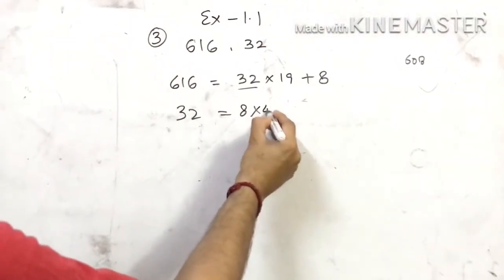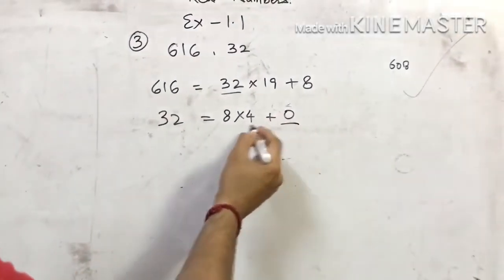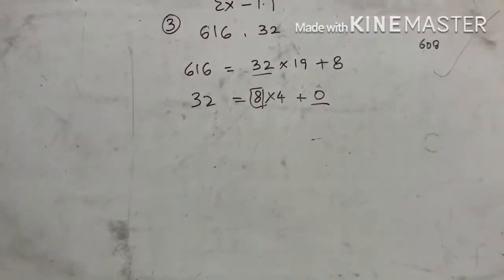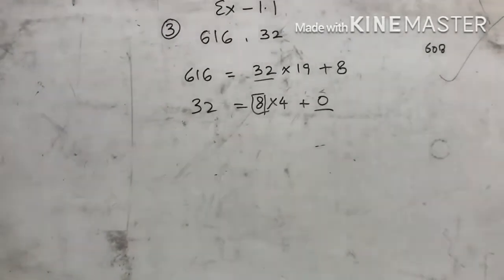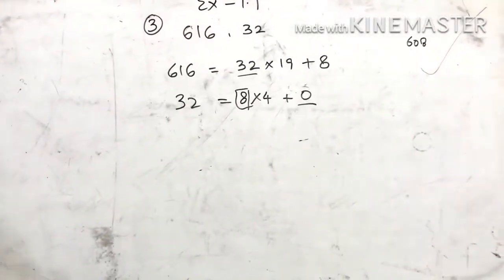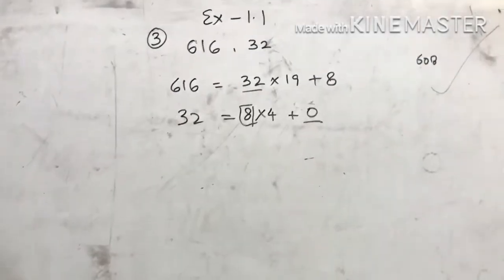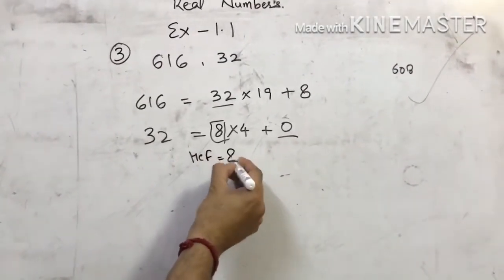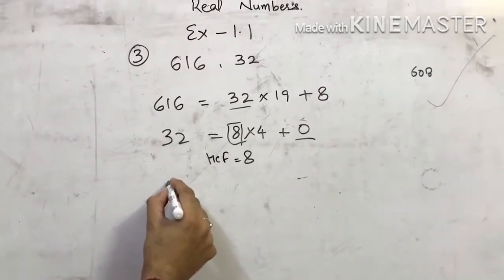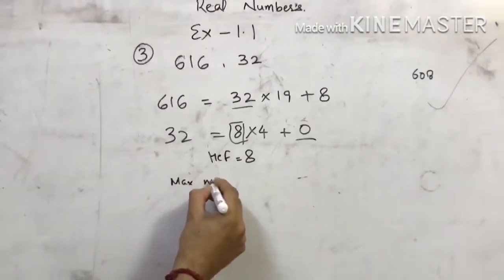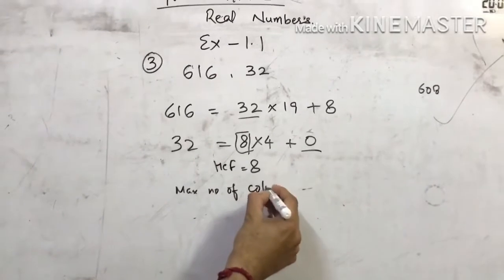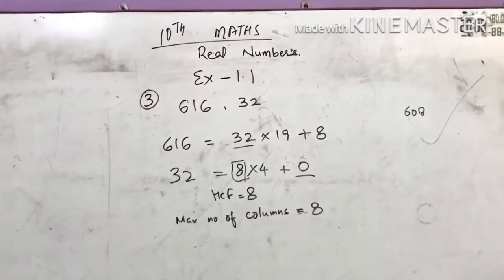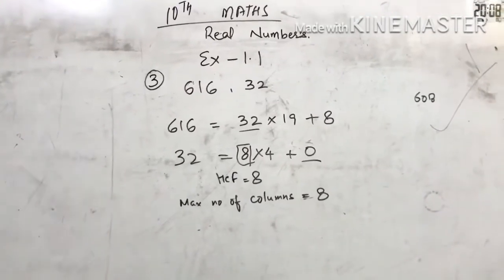So by what number will you multiply, and the remainder will be 0. When you get the remainder 0, this number 8 will be the HCF of these two numbers. So it shows that the maximum number of columns is 8. This is question number 3.